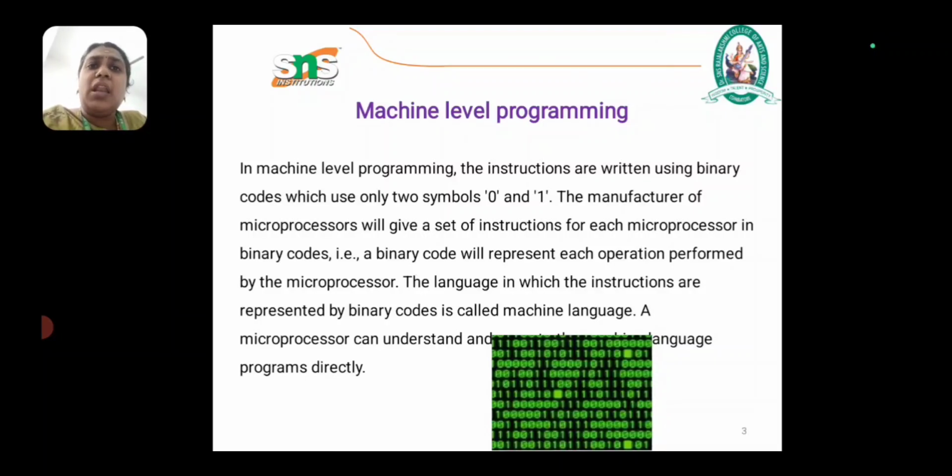So a low level assembly language program is designed for a specific family of processors and represents the various instructions as symbolic codes in a more understandable form. In machine level programming we use instructions and software development only in binary codes, that is, binary values of 0 and 1.